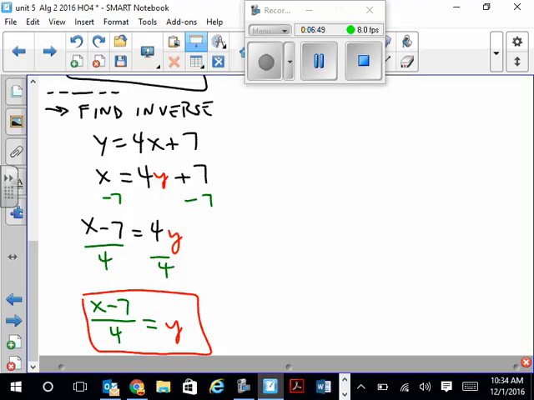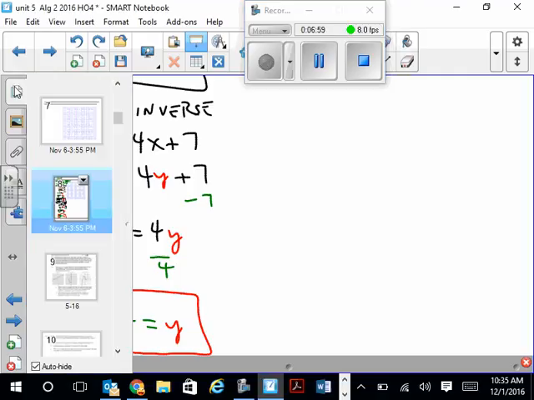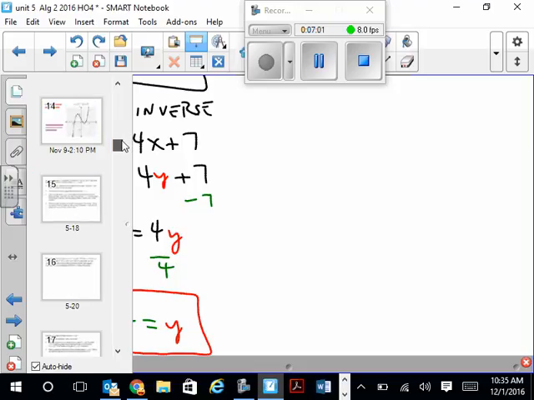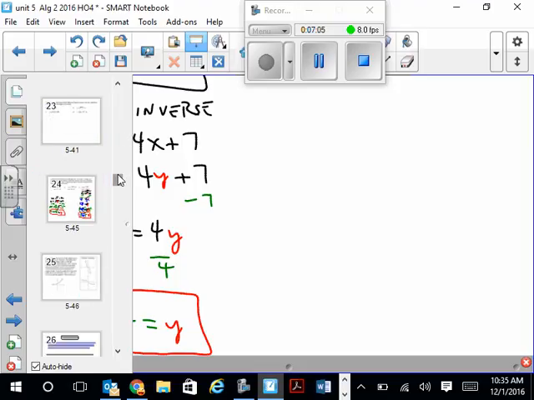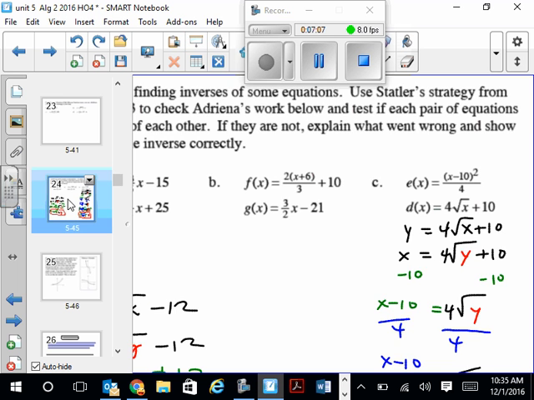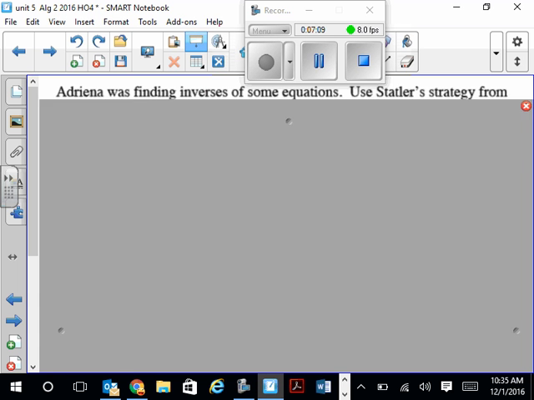All right, let's take a look and see what we have here. The rules that you wrote down earlier, you may have to write them on someone else's paper. Step 1, we have to switch the x and the y. Most of you did that part, so good work on that. Step 2, I saw this part too. What do we do to get rid of the 10?